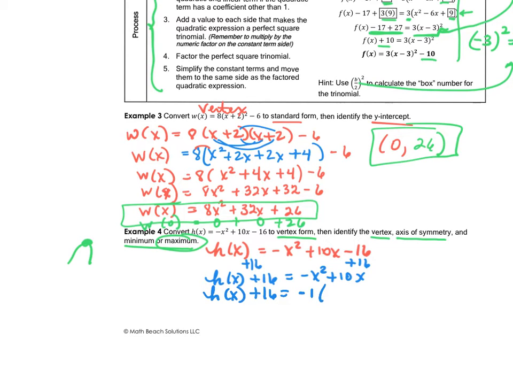When I factor out a negative, what happens to this sign right here on the 10? I hope you're saying that the sign is negative. And we can tell because when I redistribute the negative, a negative and a negative make a positive. So, it's got to work.